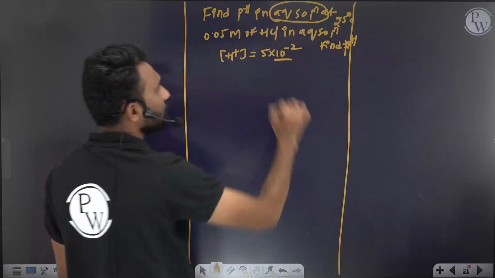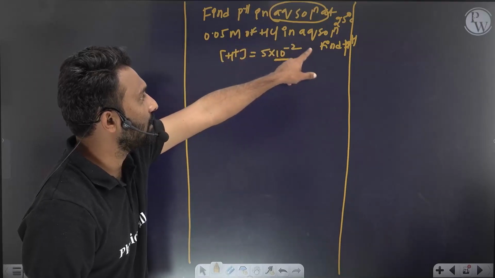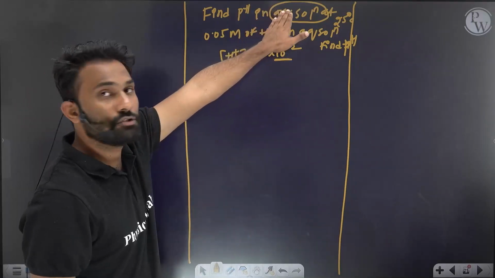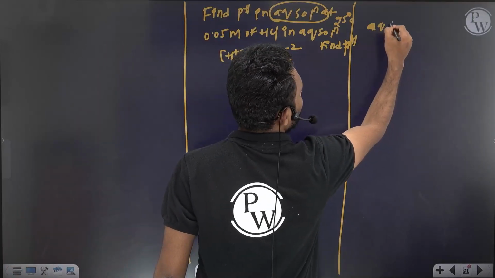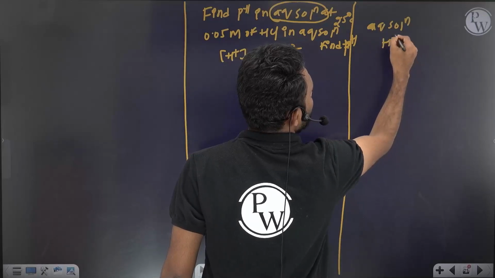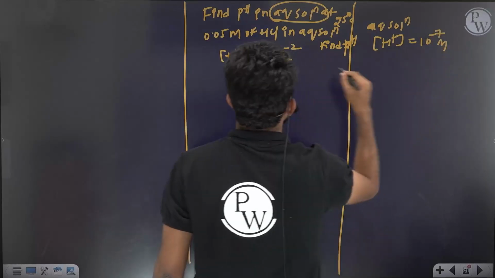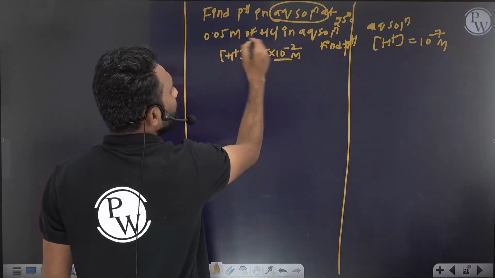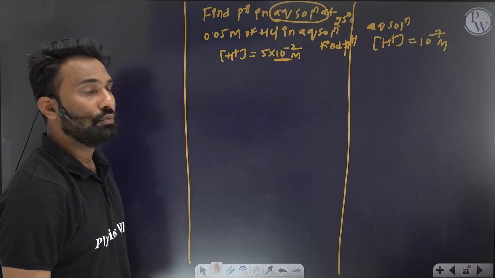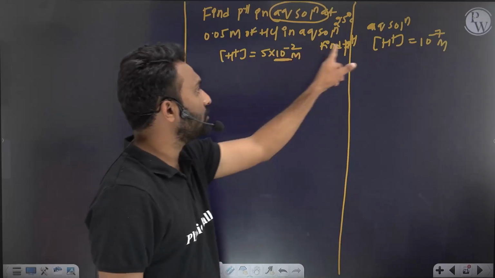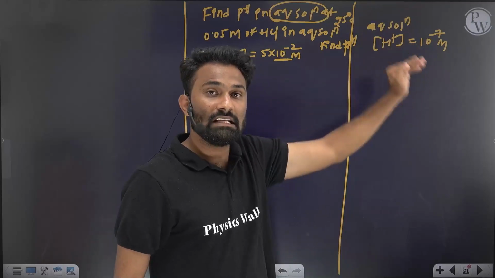In aqueous solution there is also H plus, and the H plus ion concentration is 10 to the power minus 7 molar. In HCl the H plus ion concentration is 10 to the power minus 2. Compared to 10 to the power minus 2, the 10 to the power minus 7 concentration is less, right?